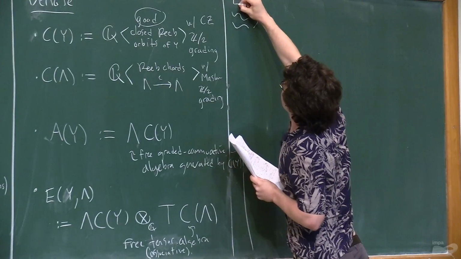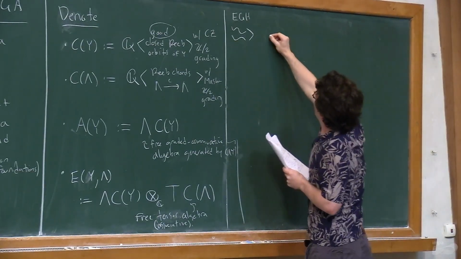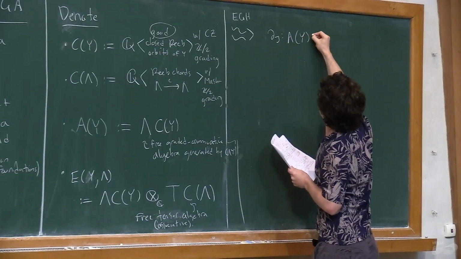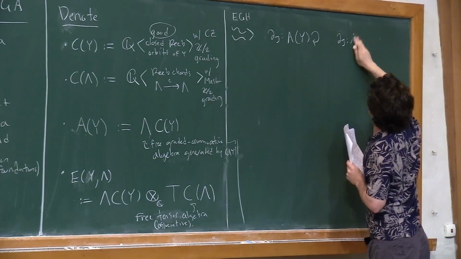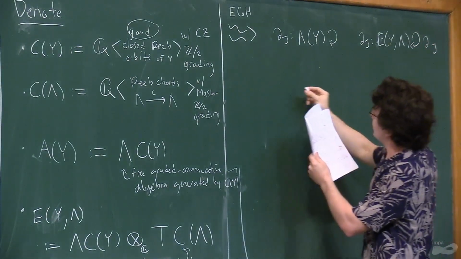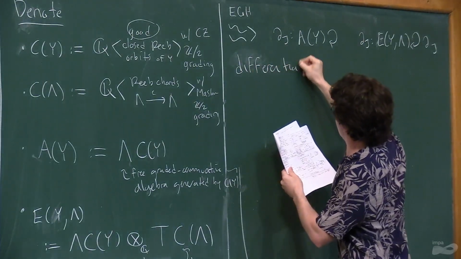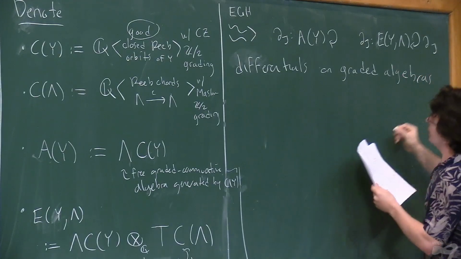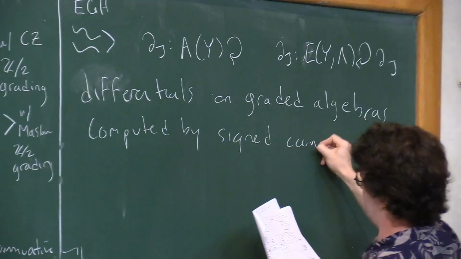The contact DGA and the Legendrian DGA, which were introduced by Eliashberg, Givental, Hofer, or at least discussed in their SFT paper, give you a differential on these two algebras, which I'll denote d sub J. So these are differentials on these graded algebras, and they're computed by signed counts of J-curves.